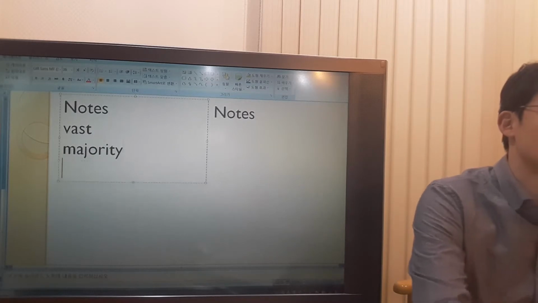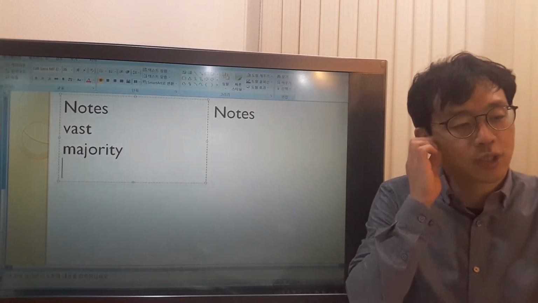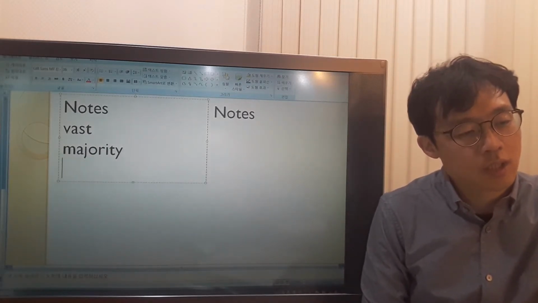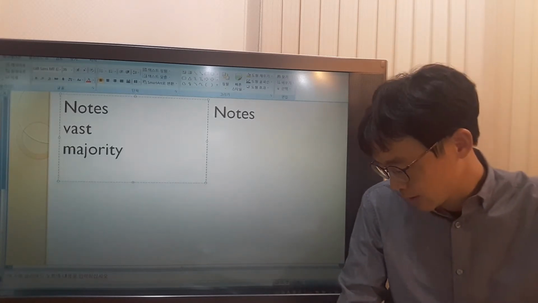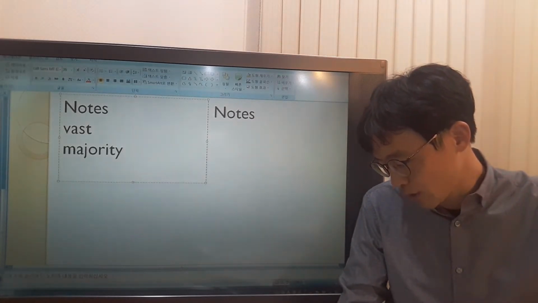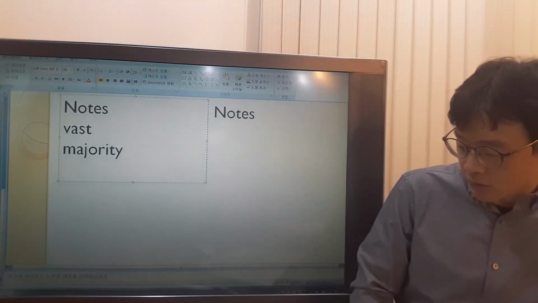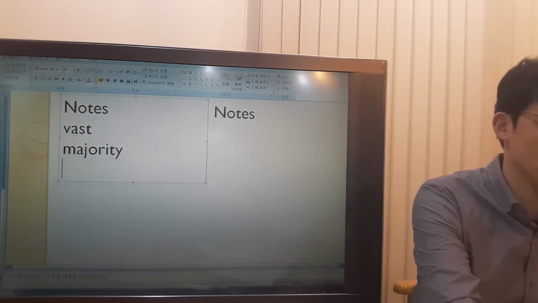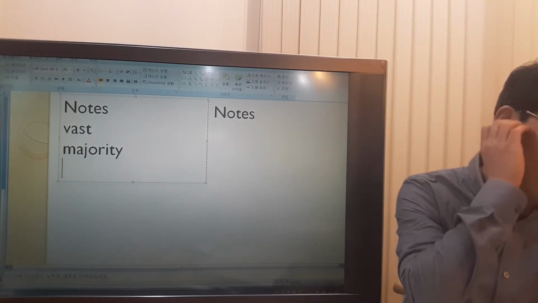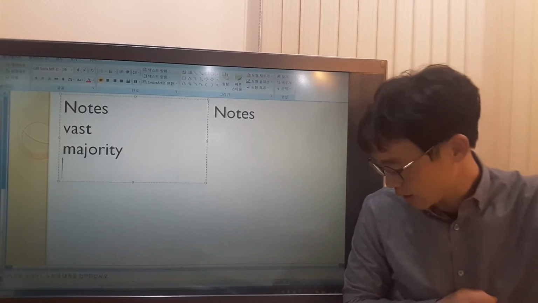Majority means a large number, a large part, a large proportion, usually more than half of that group. Rely either on, either or, that means A or B, okay? Either A or B means A or B.